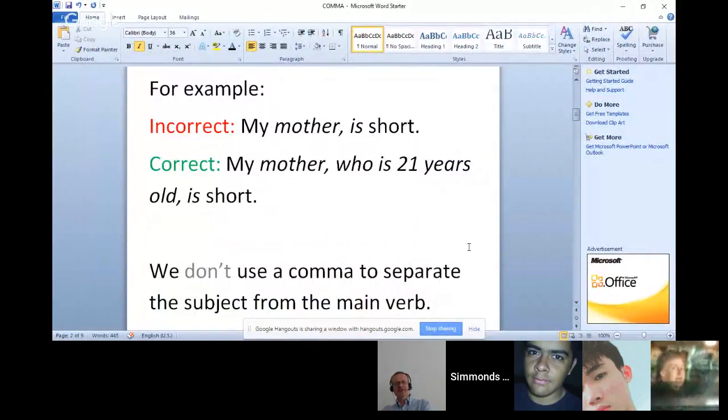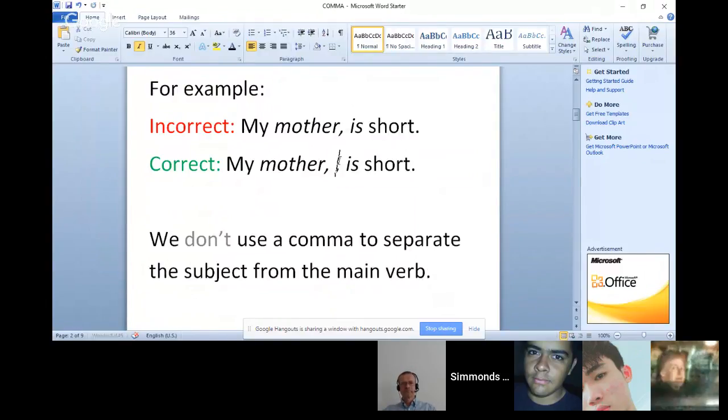But you're saying the rule is the same. So my mother, comma, who is 21 years old, is short. So sub-sentences where you put information in the middle, completely different, are separated by a comma. We can also do it: my mother is short.